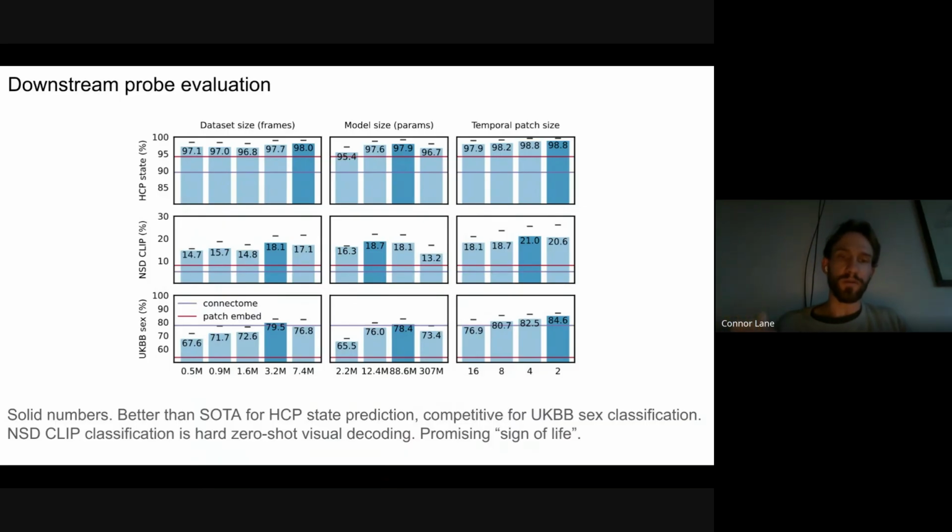On the bottom row of sex classification, we're in the vicinity of the current state of the art. Previous methods get between 84 and 88% on this task, and we're around 84, 85-ish. So we're not hitting the state of the art level yet, but it's a sign of life, where if we continue to work with this framework, I'm confident we can get some improved performance.